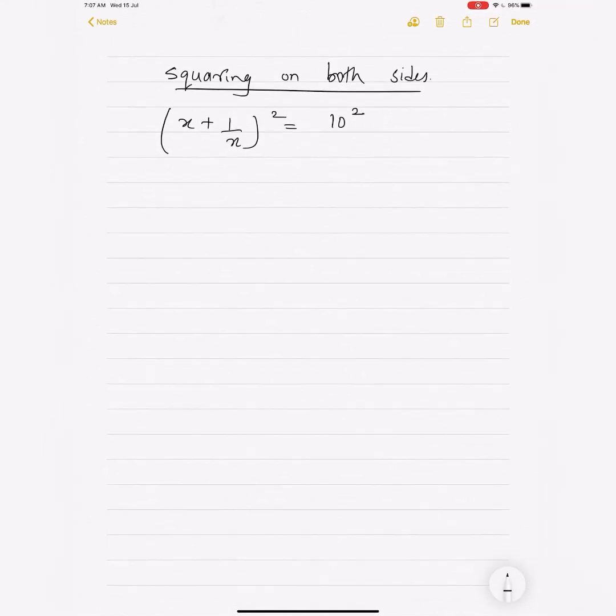Now what will this become? a squared plus b squared plus 2ab is equal to 100. If you're getting confused how I got only 2, I'll show the whole working. 2 into a into b is equal to 100. Now what can we cancel here?